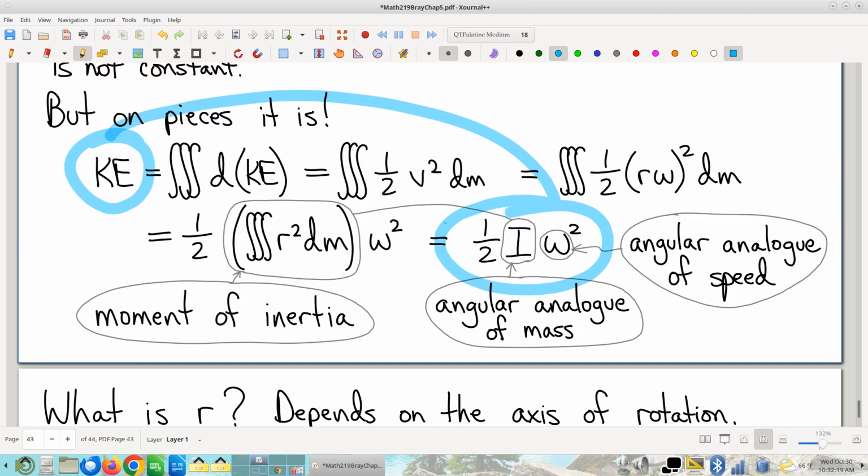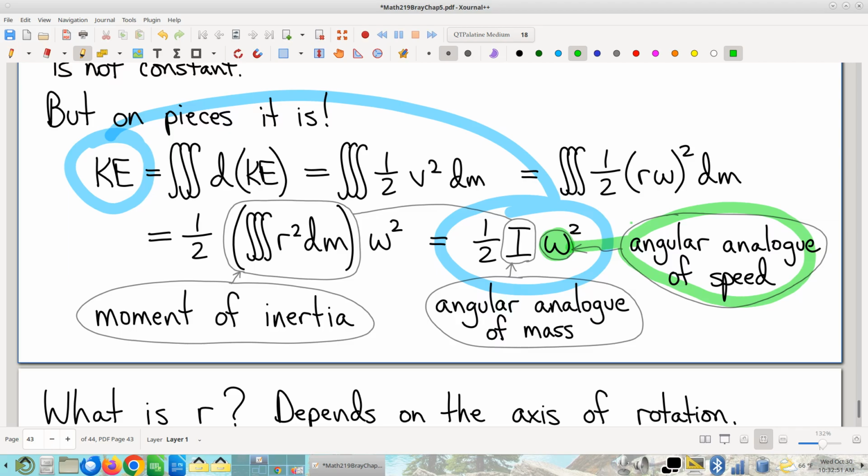The difference being that this thing that's playing the role of v isn't v. It's not distance per unit time, it's angle per unit time, and so I'm going to call that kind of an angular analog of speed. It's angle instead of distance, but still, in some sense, change of location per unit time. Just angle instead of distance.